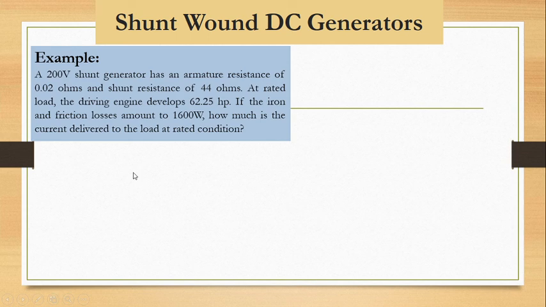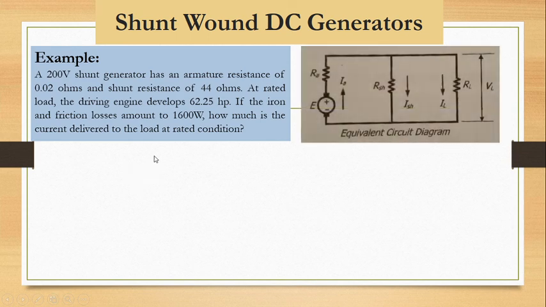Look at the schematic diagram. This is the armature resistance winding, and the shunt field winding, RSH, and we have the load. So, solution. We are going to examine this one.